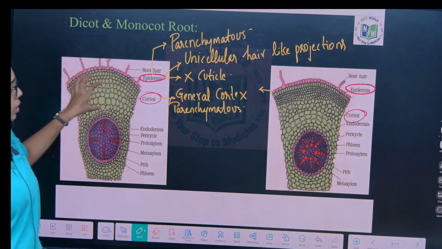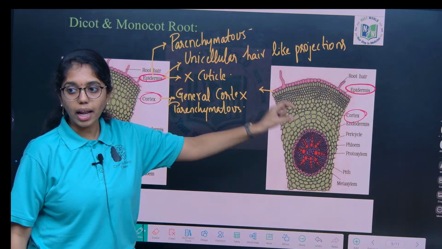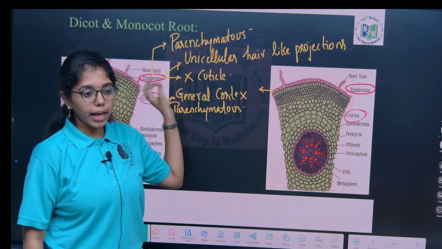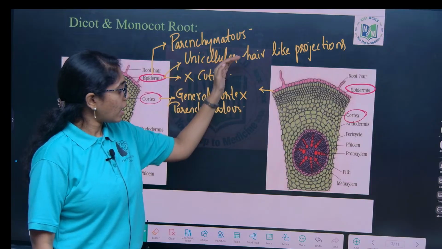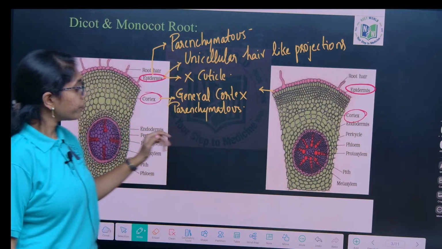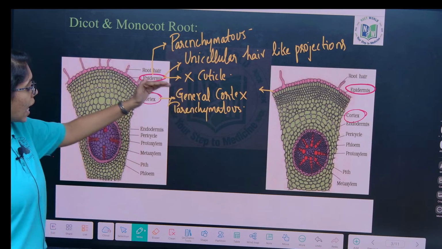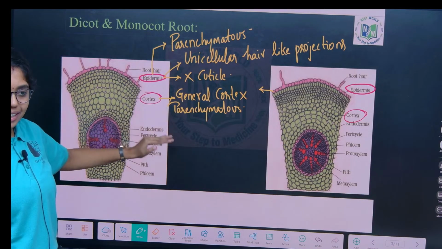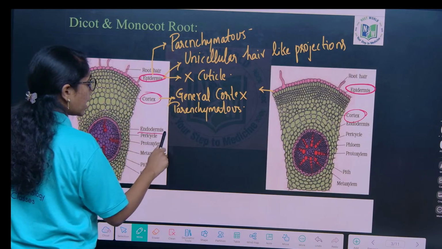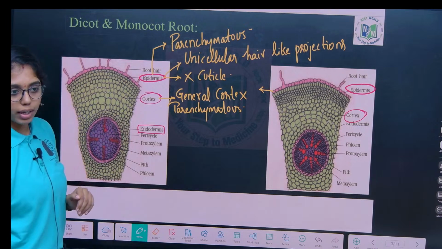Speaking about both dicot and monocot, there are very little differences in dicot and monocot root, I will tell you. Till then you look at here. So, cortex is made up of parenchymatous tissue, it has intercellular spaces, and the last layer of the cortex region is what? Endodermis. Endodermis is the last layer of cortex region.